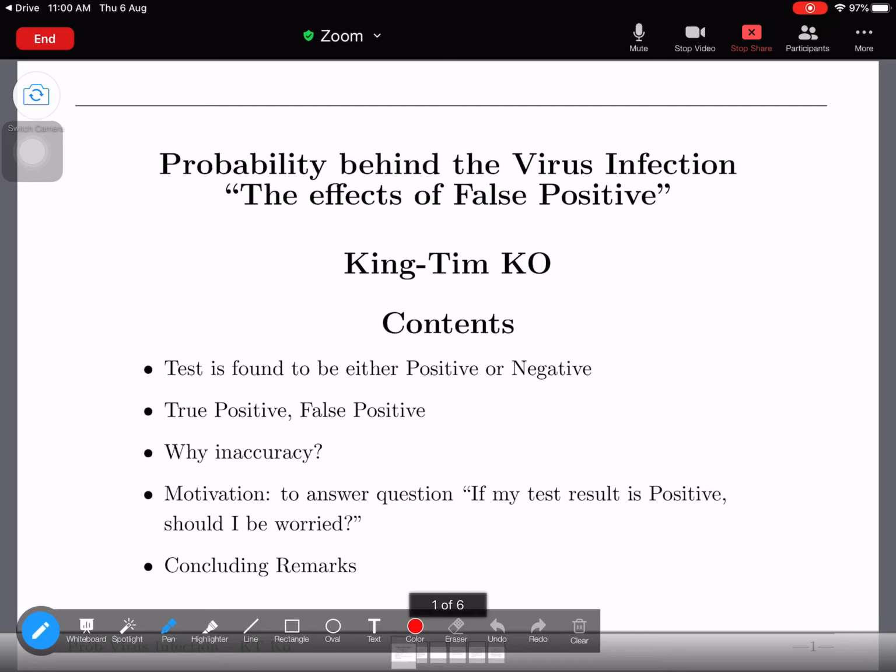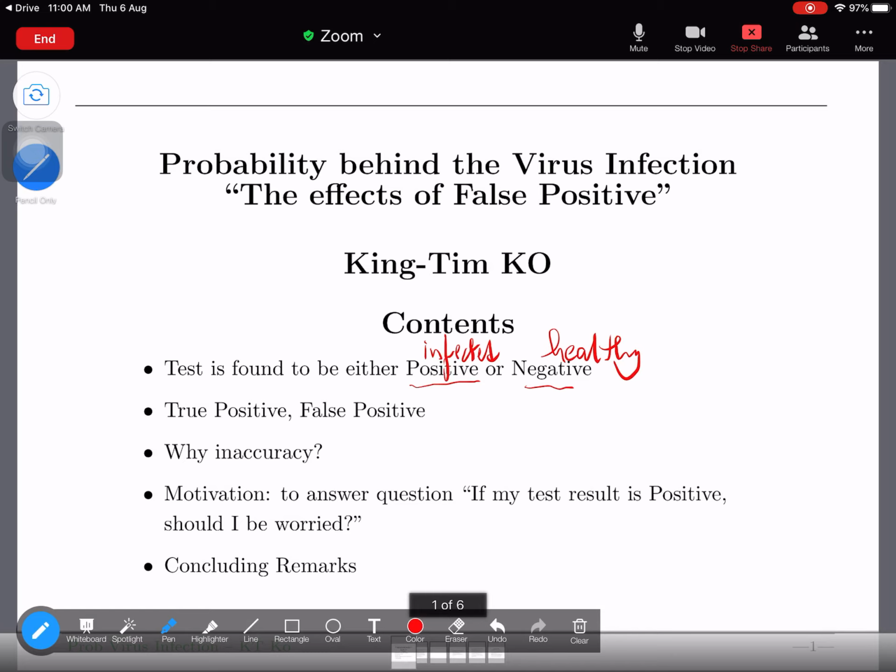Because they are testing for a particular virus or disease, positive means you are actually infected, and negative means the test did not detect the virus, so in fact you are healthy.